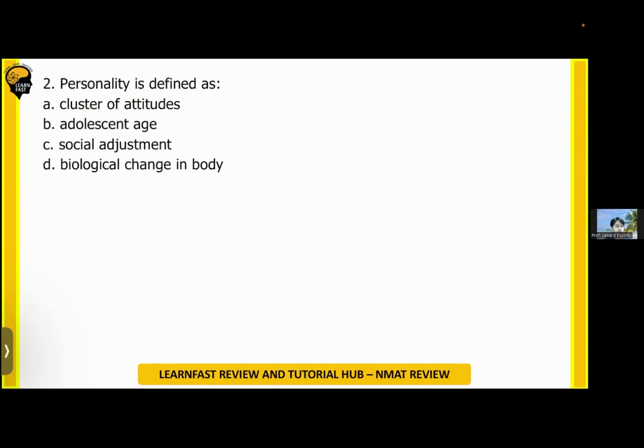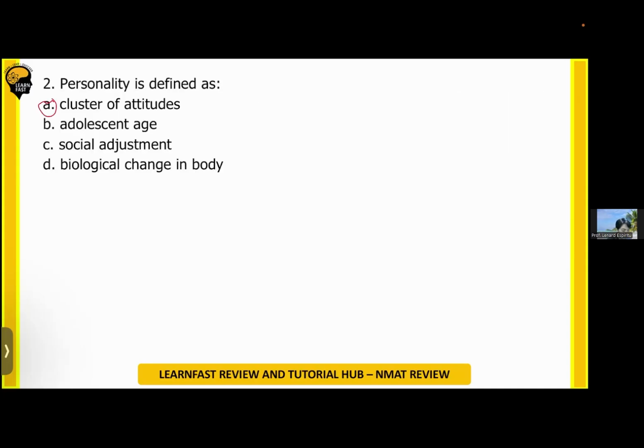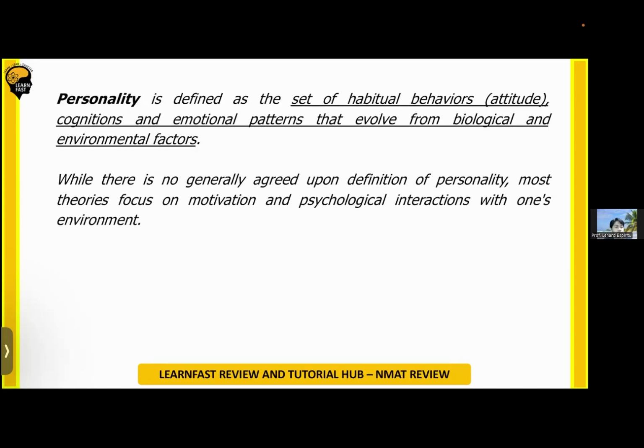Number two, personality is defined as A, cluster of attitudes. B, adolescent age. C, social adjustment. Or D, biological change in body. This should be pretty obvious. Okay, so personality is a cluster of attitudes.